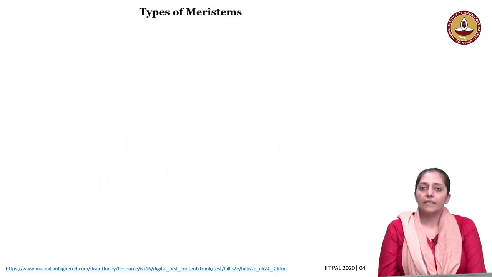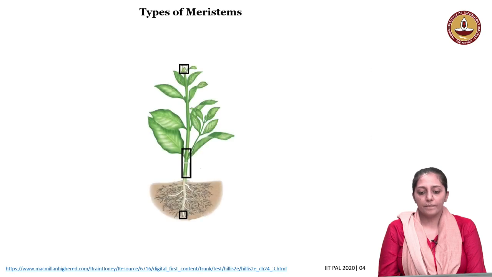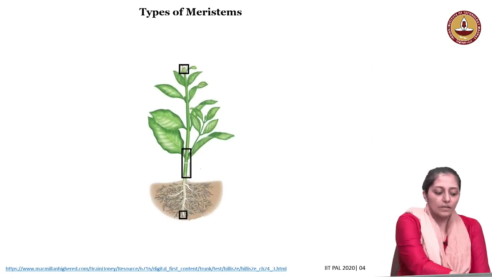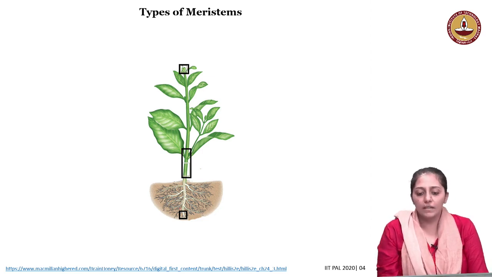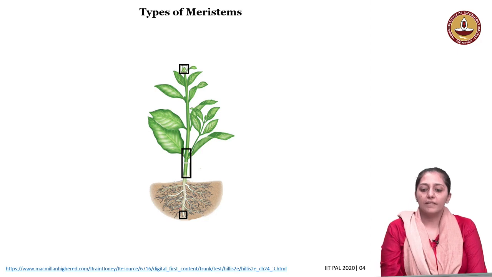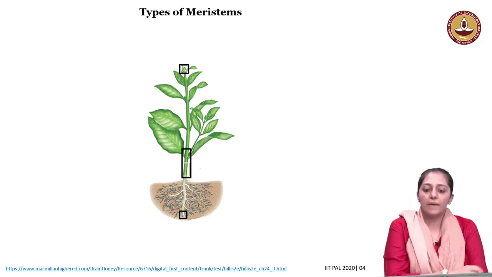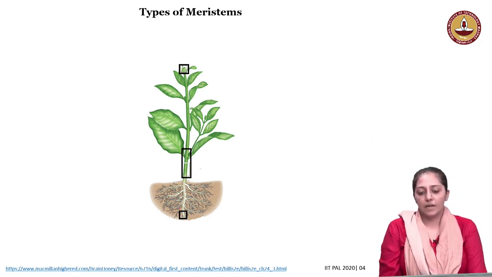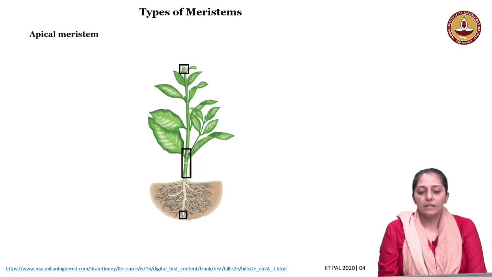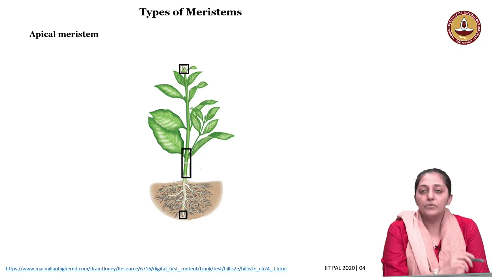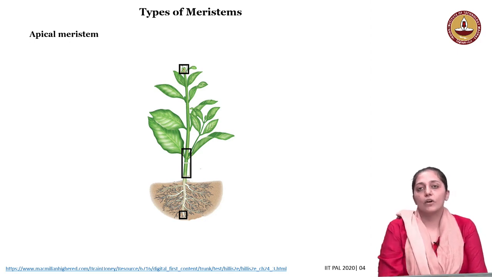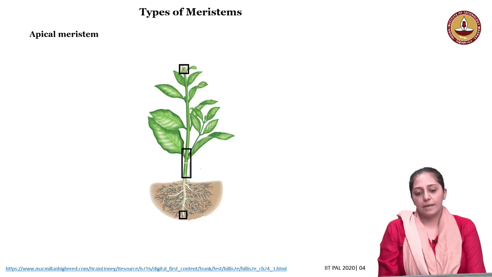Let us see what are the different types of meristems. So, if we can see on the slide here, there are black boxes encircling regions on the plant. These depict different types of meristematic regions present in the plant. At the top here of the plant, you see a region which is called as apical meristem.